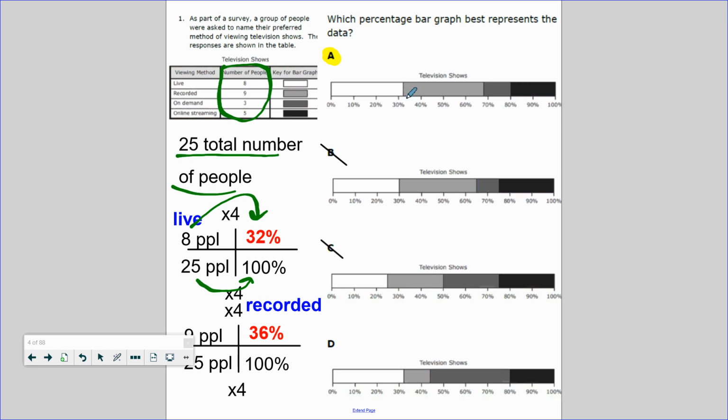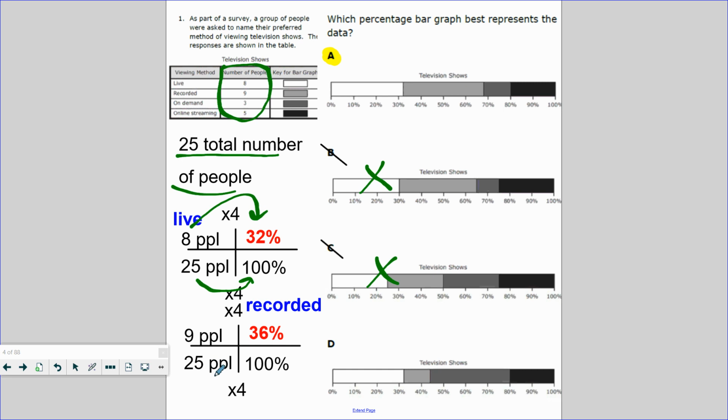So this is a little more than 30, so that could be possible. This is exactly 30%. Nope. This is less than 30%. Nope. And this is a little more. The next one, recorded, is 9 people out of 25. The relationship to 100% is times 4, so it's 36%. If you look at the next one, this does not look like it's going to go up to 36%.